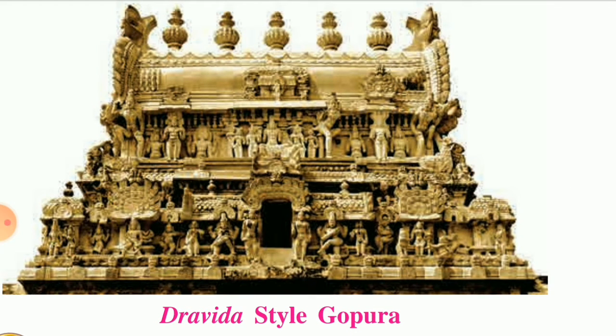You could see the Nagara style of towers and the Dravida style of towers. In the Nagara style, the towers are narrow on top and bottom, and it just goes on tapering. The same with the Dravida style, from bottom to top it goes on tapering, but on top it is not that much tapered.